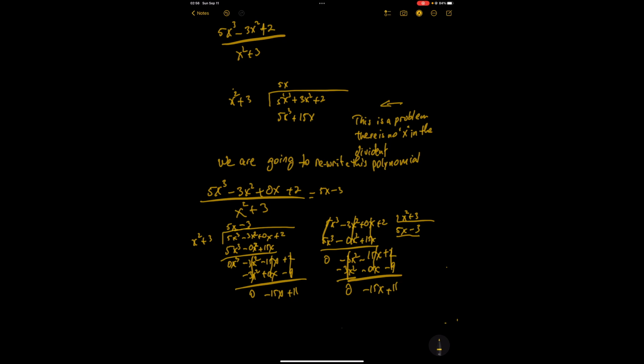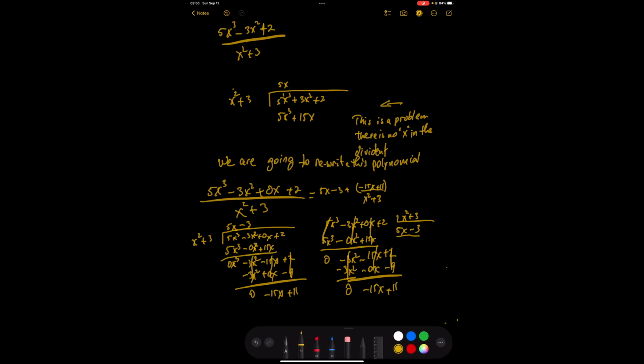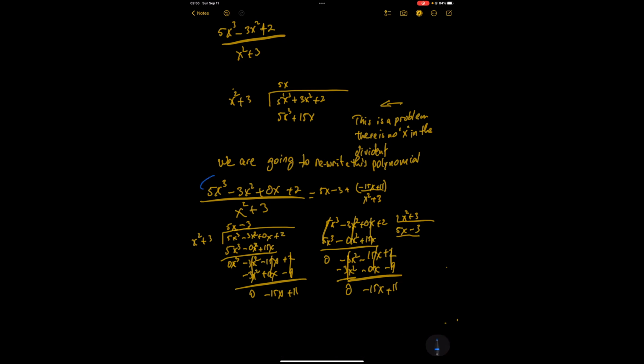Which is plus the remainder, which is negative 15x plus 11 over the divisor, which is x squared plus 3. And that is your answer. Whew. Yes, that was pretty long, but I had to show you guys the way of doing this one.